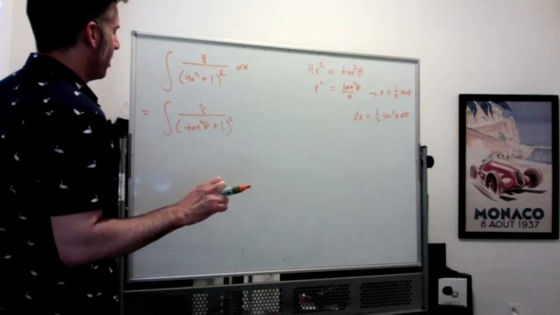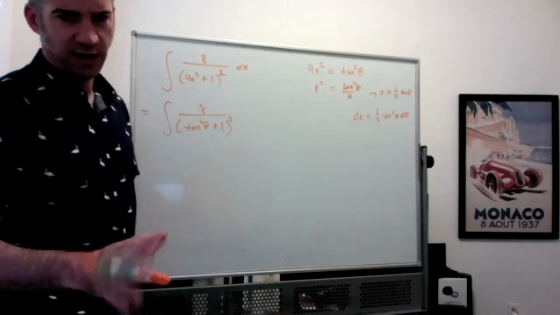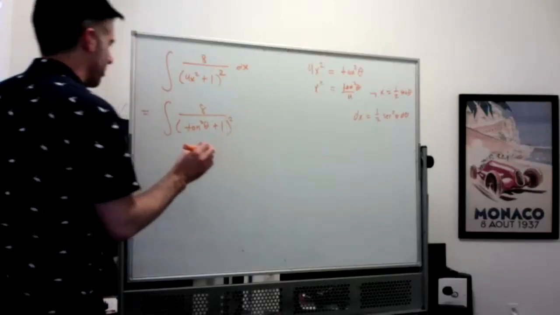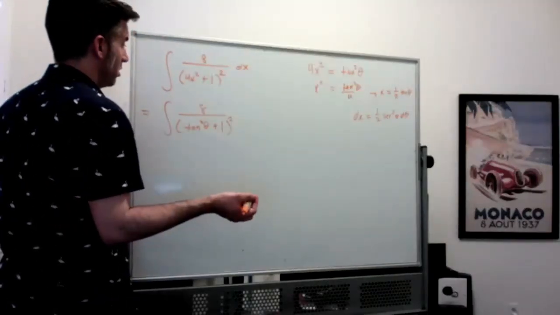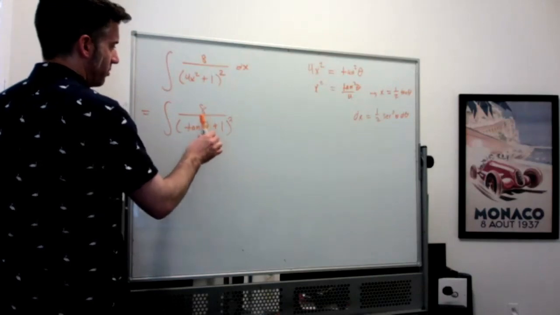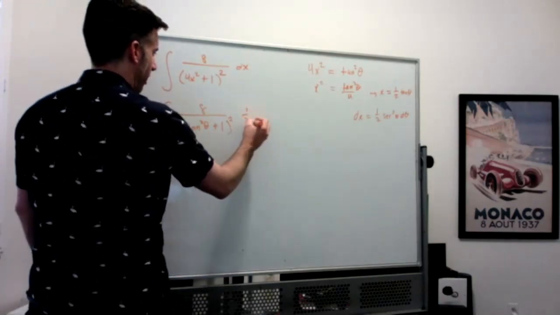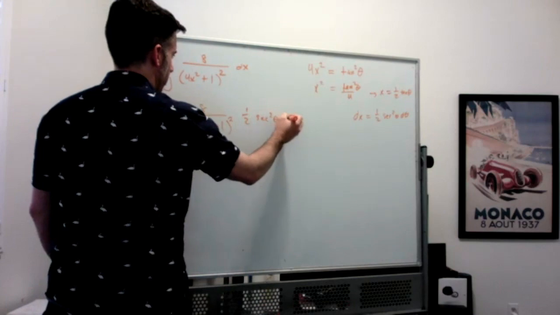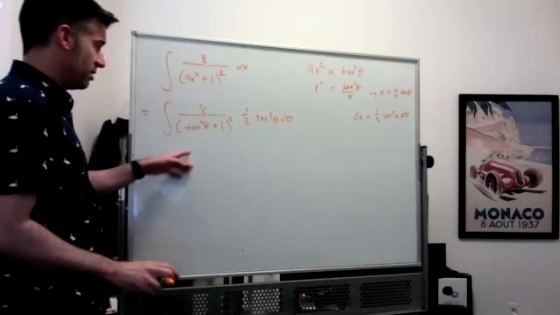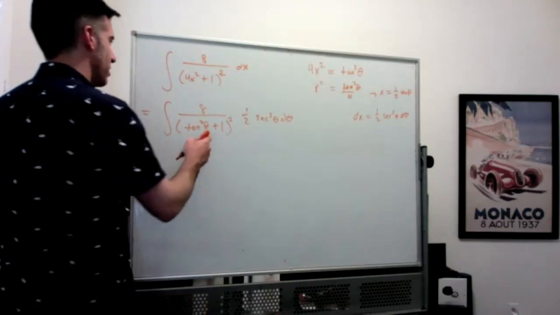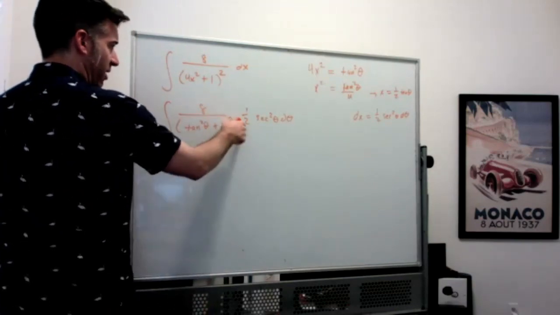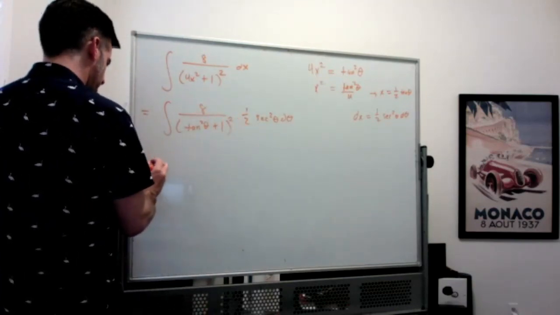I guess I'm thinking of partial fractions and how this can show up, but I'm not going to. So dx is 1/2 secant squared theta. Tangent squared plus 1 is secant squared. So the 8 divided by 2 is going to be 4.